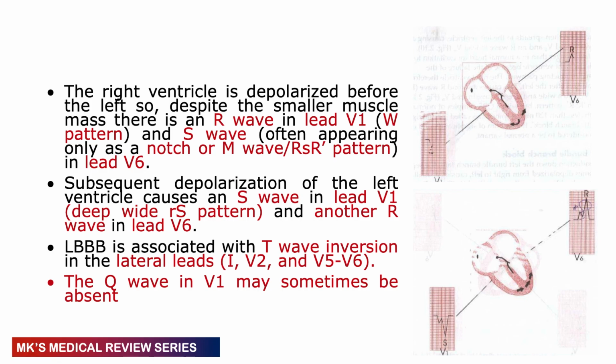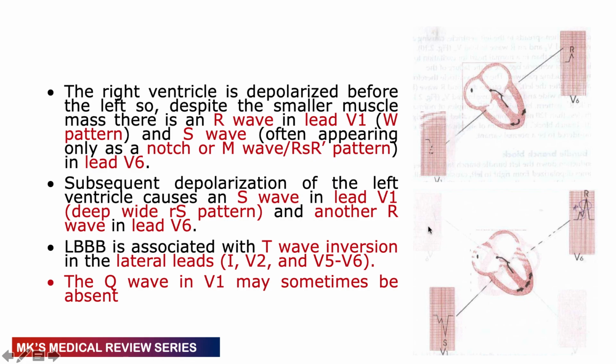So V1 has an S wave, and lead V6 has an R wave, because there are impulses flowing in that depolarization. So when the right ventricle has depolarized, we're going to see an R wave in lead V1. So eventually there's going to be another positive wave, as you can see here.